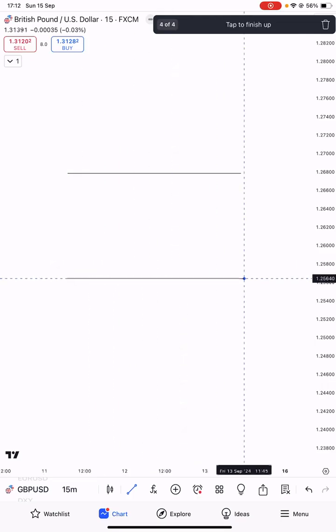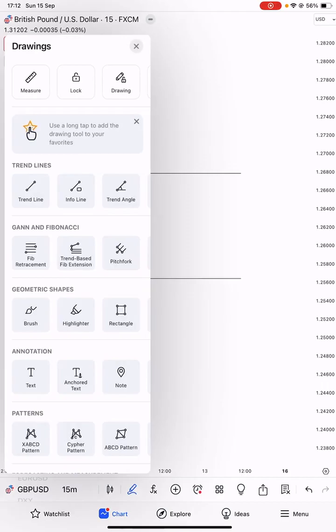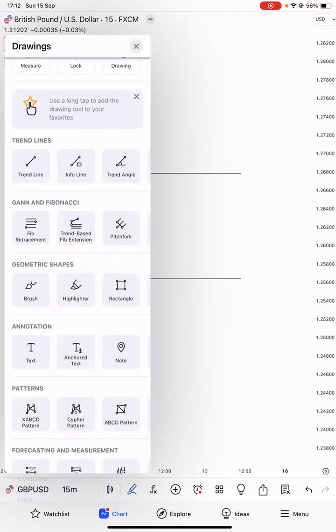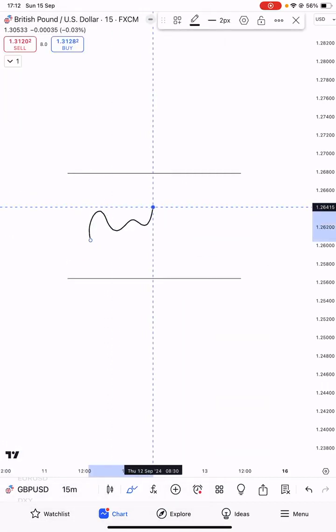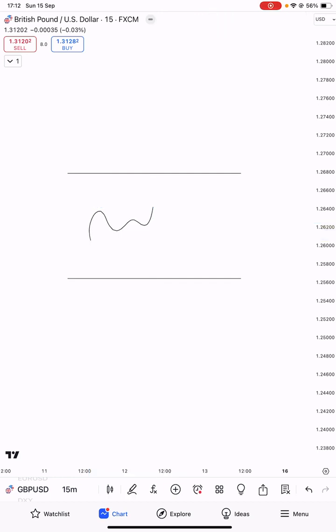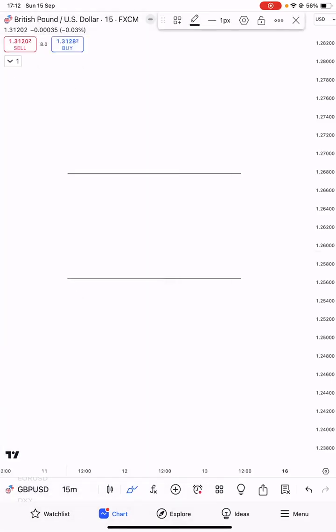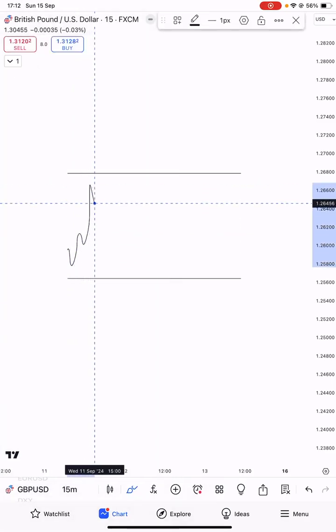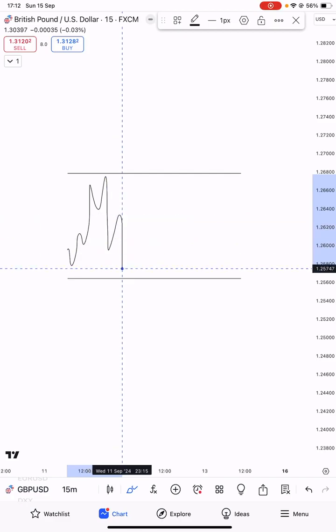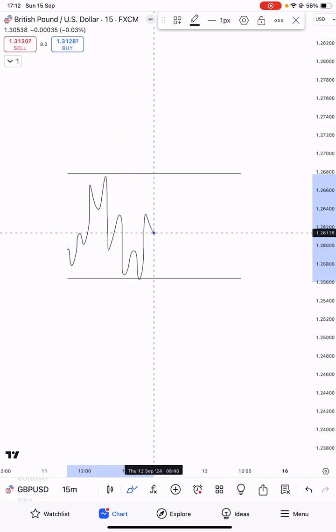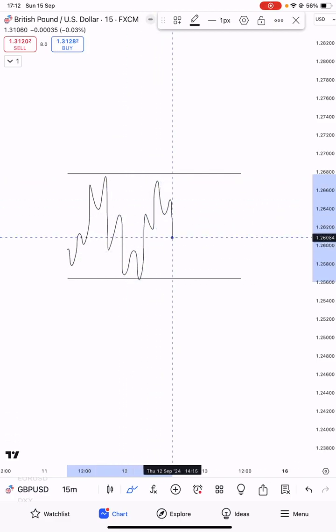So let's assume you have a clear and defined range, where price is not breaking out.